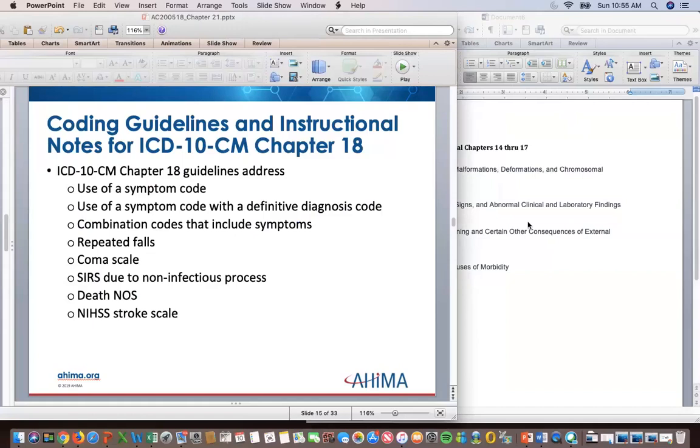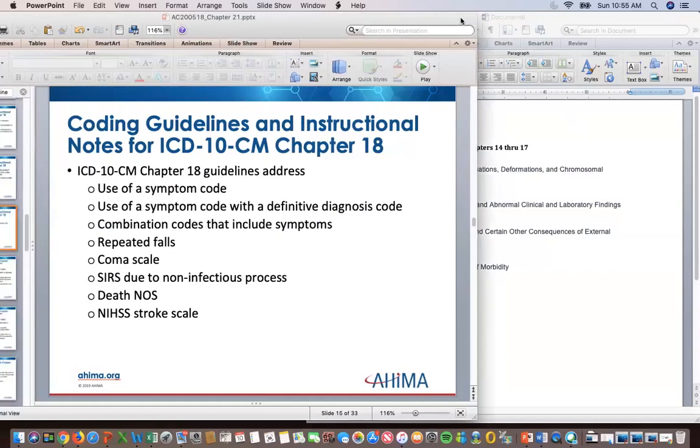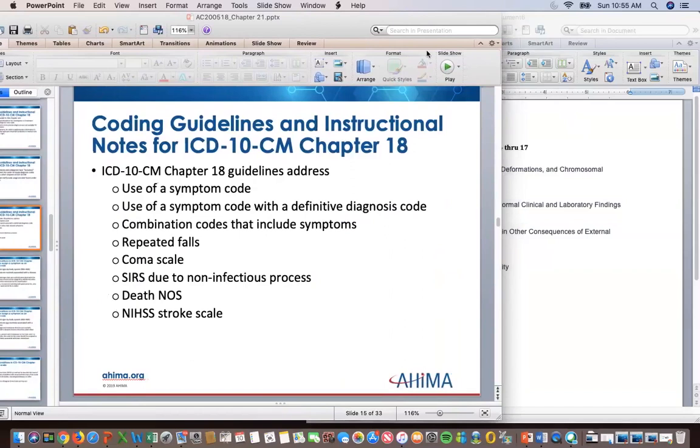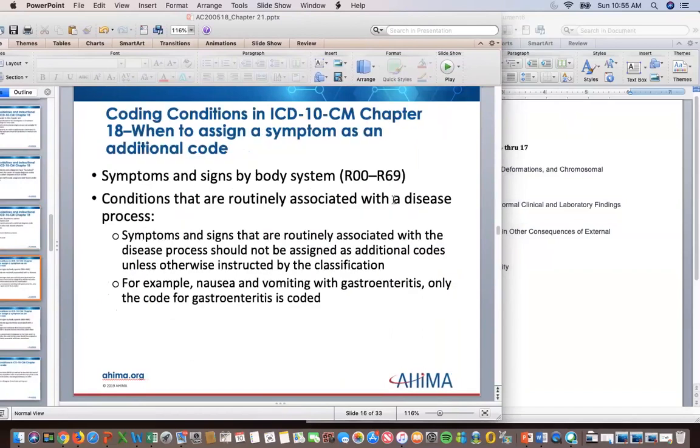You should look up a little more information on it if you are not familiar with the stroke scale. For both of those, the stroke scale and the Glasgow, your physician has to document that. It has to be listed in your documentation in order for you to code it. You can't just guess and say, well, I think it's this. Your physician needs to definitely tell us the scale and the number that the patient is at.